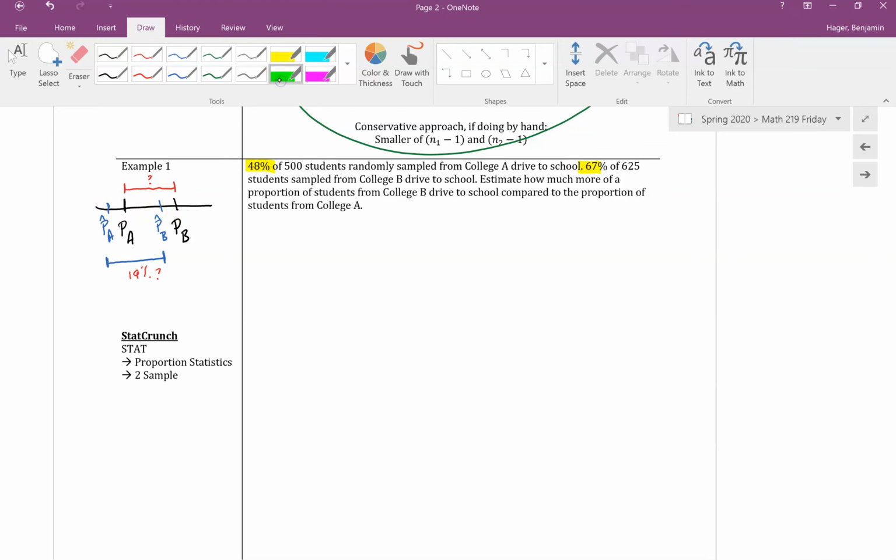So what we want to do is, I'm jumping the gun, I should have asked, is this a confidence interval or a hypothesis test? That's what we should have asked first. Because in the beginning, it's really hard sometimes to distinguish which of those procedures you should use. What jumped out at me is it says estimate. Estimate how much more. So we're looking for a number. That means we're using a confidence interval.